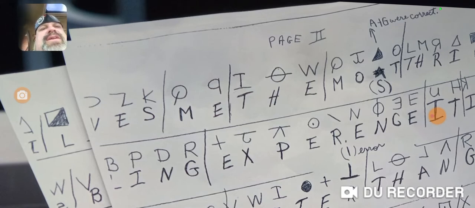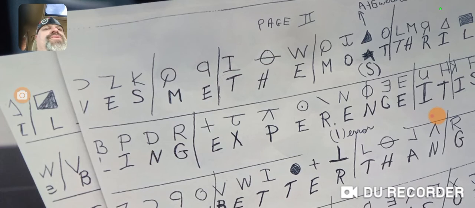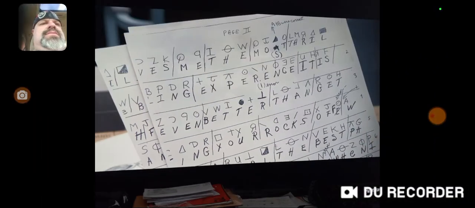As you can see, we start off with Z being an E, a K being an S, Q being an M, backward P-E, and so forth, H-I-T, the, and I don't know, what the hell, hang on a sec.